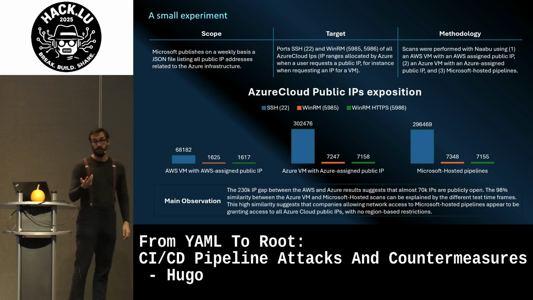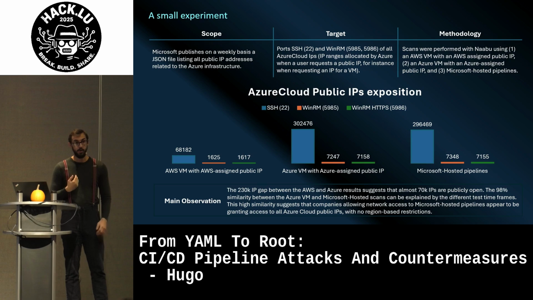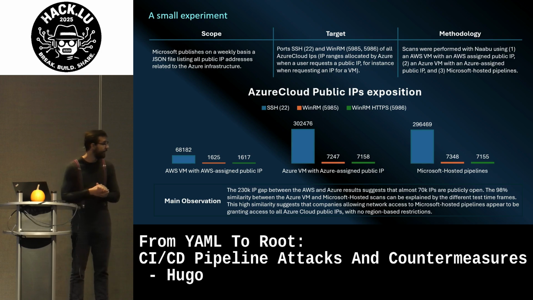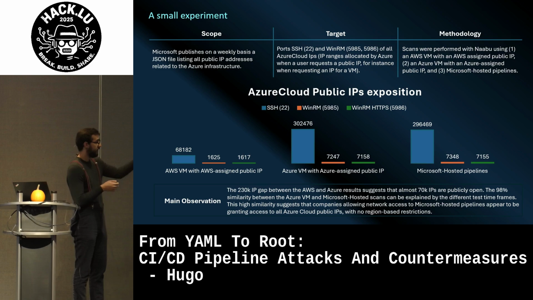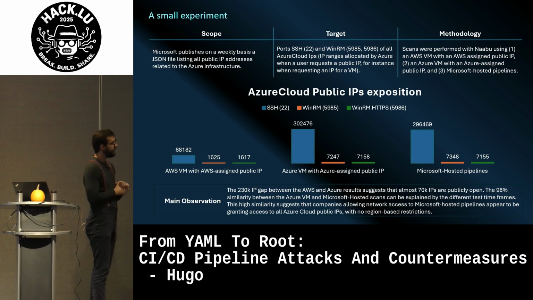So if you want to give access to Microsoft Hosted Pipeline on your network, you have to open it to all the network. What we saw in companies is that usually when they are using Microsoft Hosted Pipeline, they are opening to all the network directly. So that's why we were able, using Azure DevOps, to see 300,000 applications, IPs open.